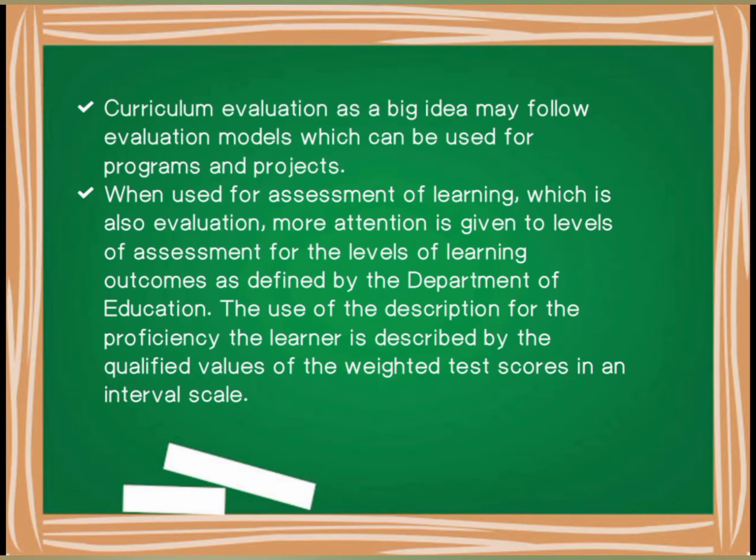These models, discussed in a previous lesson, guide the process and the corresponding tools that will be used to measure outcomes. However, when used for assessment of learning, which is also evaluation, more attention is given to levels of assessment for the levels of learning outcomes as defined by the Department of Education. In describing proficiency, the learner is described by the qualified values of the weighted test scores in an interval scale.